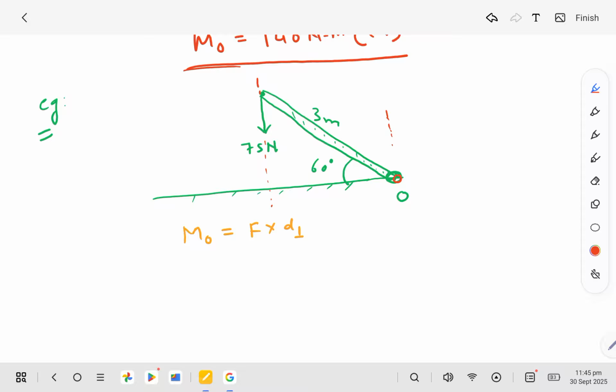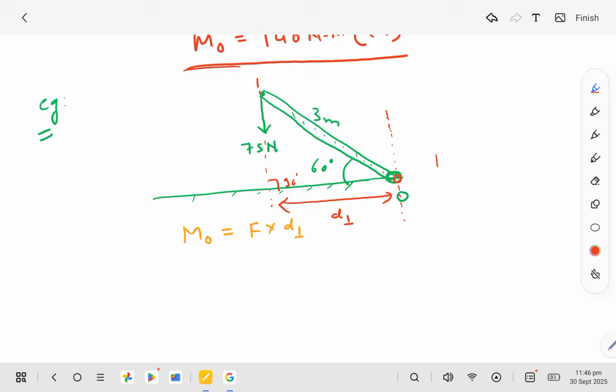Now there are two possibilities. This distance, let's say we write it as D perpendicular. This is a right triangle, so we can estimate what the D perp is here.